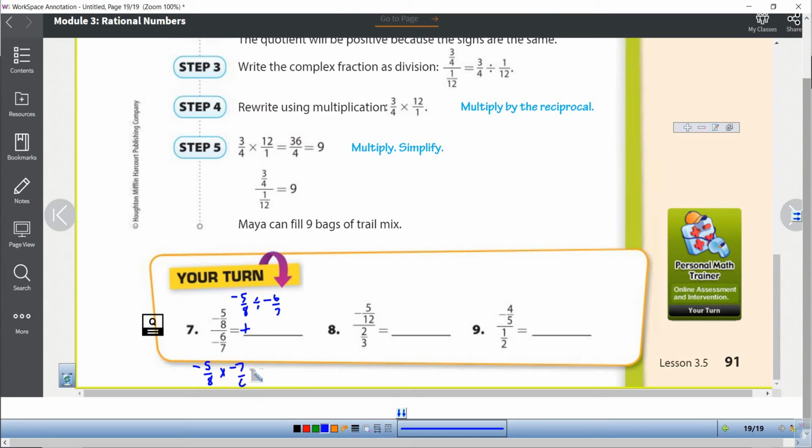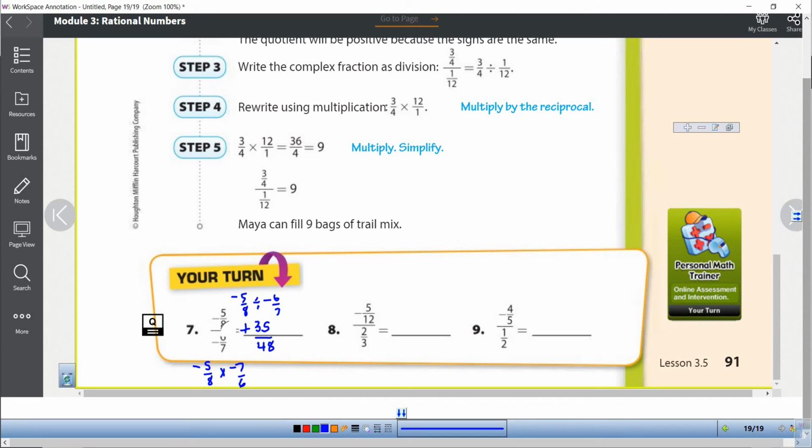All right? So I changed from division to multiplication, and I flipped over that fraction to get the reciprocal. All right, and now I'm going to see, can I simplify any of the factors? And the answer is no. So 5 times 7 is 35, and 8 times 6 is 48. And I get 35 over 48.